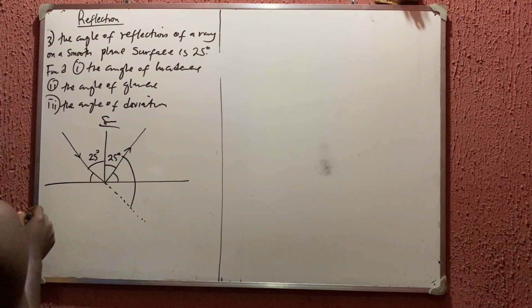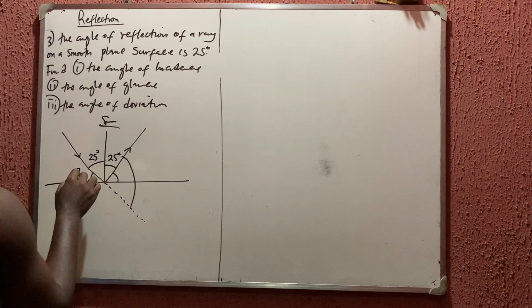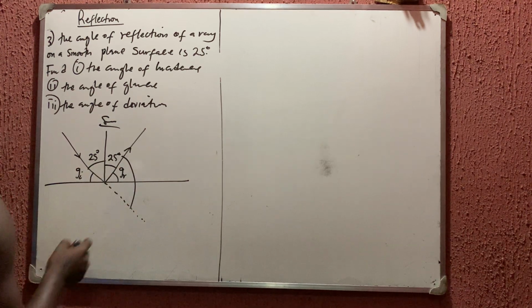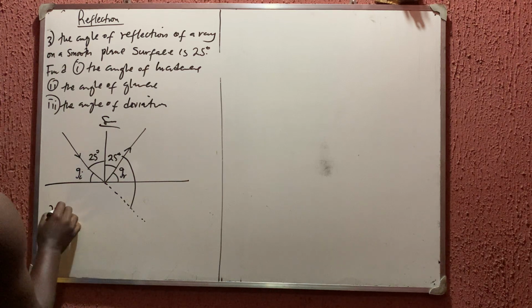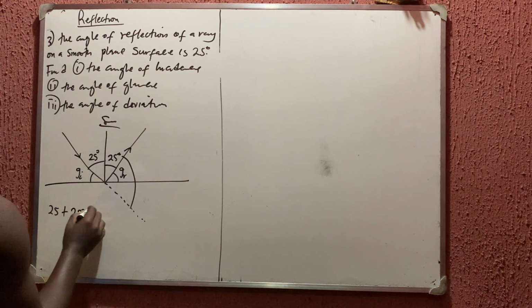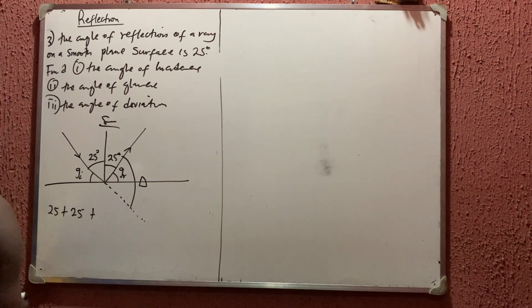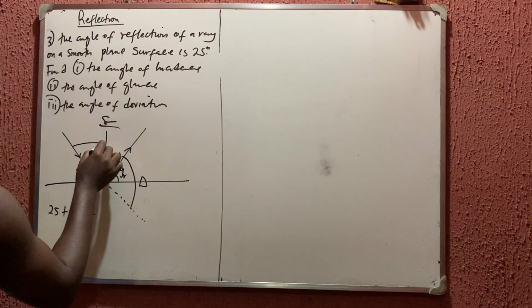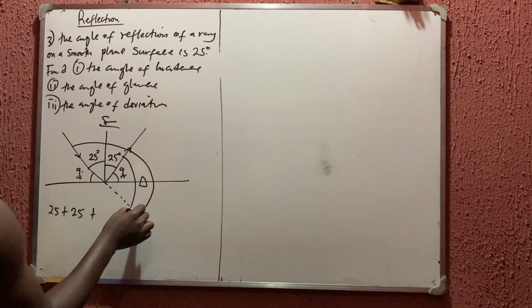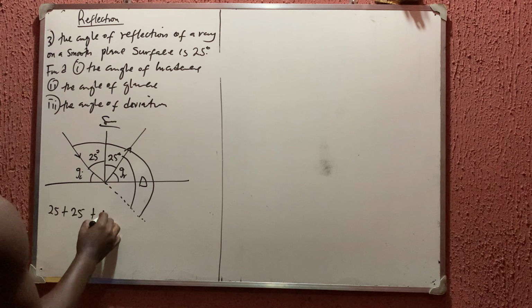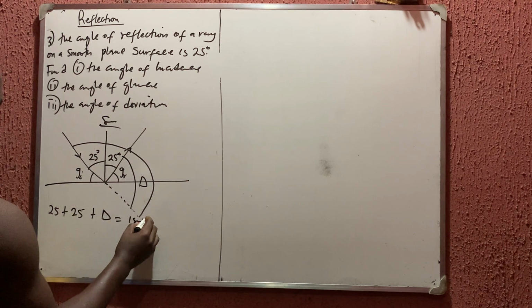So since the glance of incidence is equal to the glance of reflection, then we'll have 25 plus 25 plus, this is my D. I can decide to find my D directly. From here to here, and from here to here, is half of a circle, which is angle on a straight line. So I can say plus my D is equal to 180 degrees.